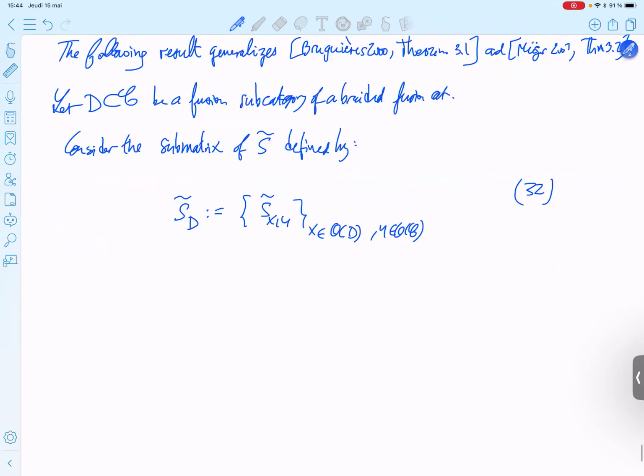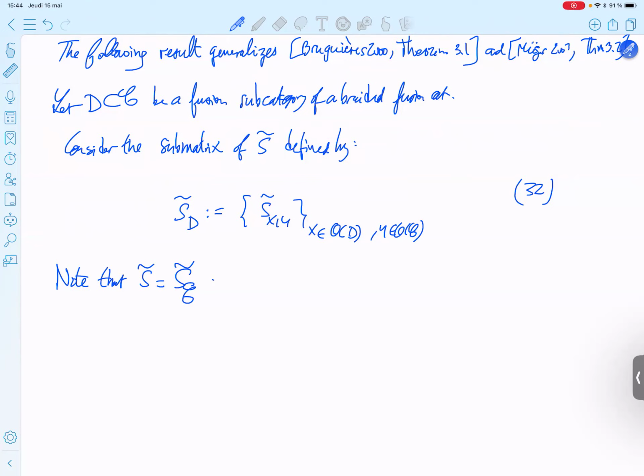Anyway, you truncate only one component. Of course, the S-tilde matrix is the S-tilde matrix with D equals C.